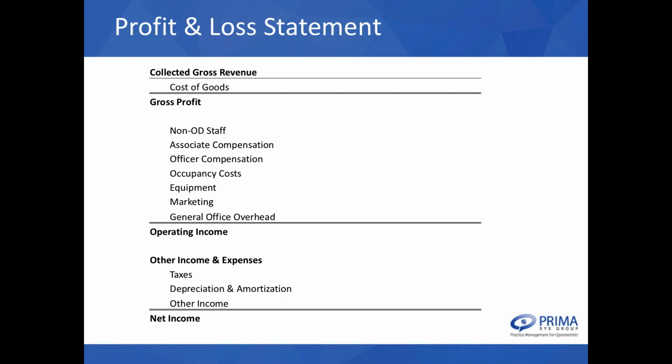An accrual means basically that we get to make a decision about when we count income as being realized or generated, and when we book expenses.